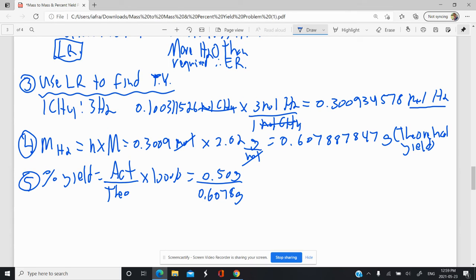I didn't put all the digits, but they're all still in my calculator, times 100%. So 0.5 divided by that, and then times 100. Don't forget to times 100. We get about 82.2520141%.